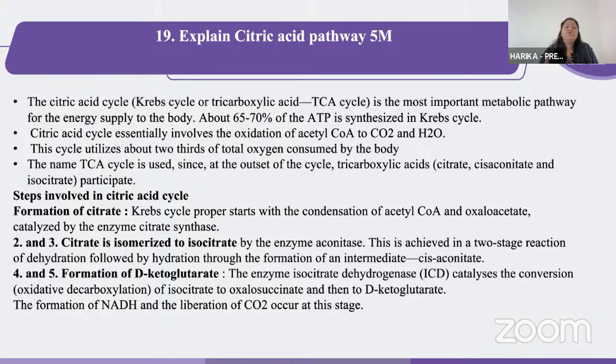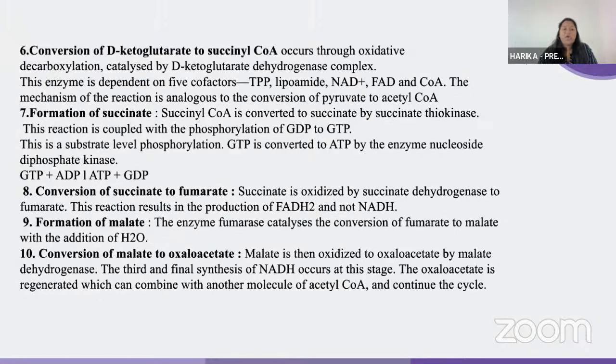First is formation of citrate. It starts with condensation of acetyl-CoA and oxaloacetate, which is catalyzed by citrate synthase. And the second and third steps: citrate is isomerized into isocitrate by the enzyme aconitase.